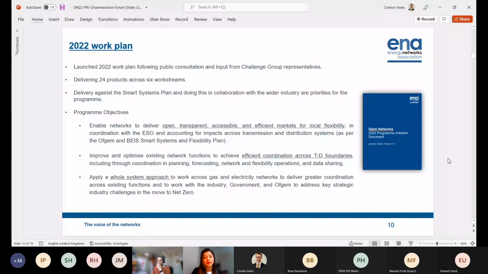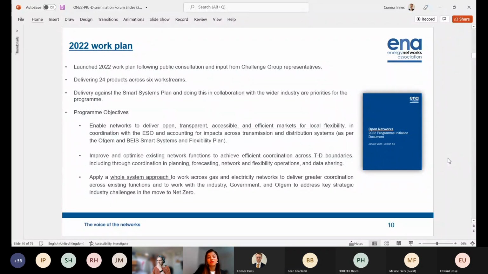With that background in mind, we launched our work plan for Open Networks earlier this year. We had several consultations last year, and we've sought input from our challenge group members as well to help shape that. Across our program, we are looking at 24 different products across those 6 different work streams and areas of focus that I mentioned.